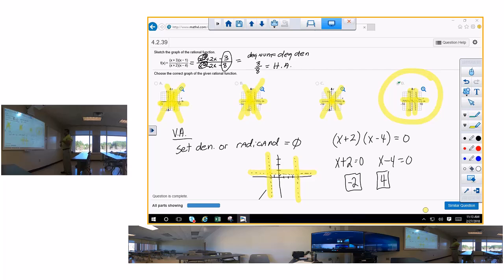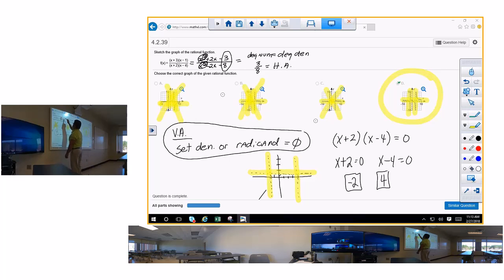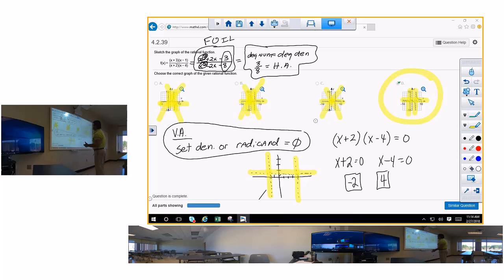And like I said in the last virtual office hours video, you have to set the denominator or the radicand equal to 0. So this comes from the last video, and this, where I just used the FOIL method, that's from just basic algebra. And this came from the last video also. There's a page in the book, I don't know where it is, but I'll go through it again.